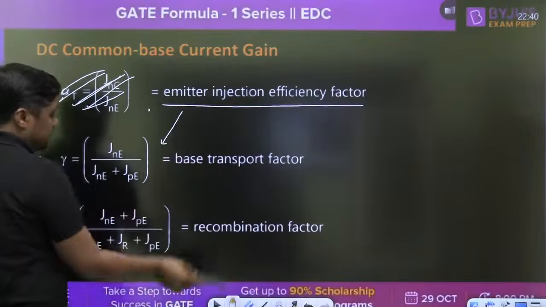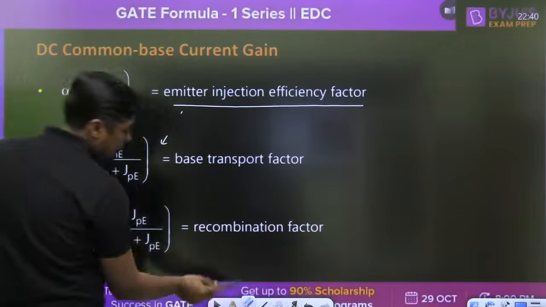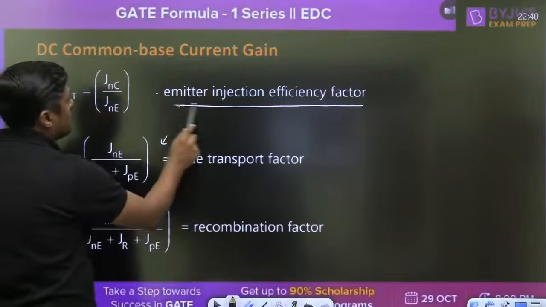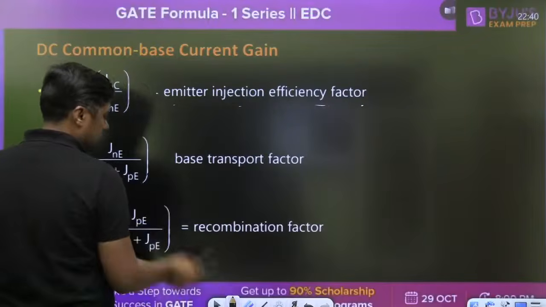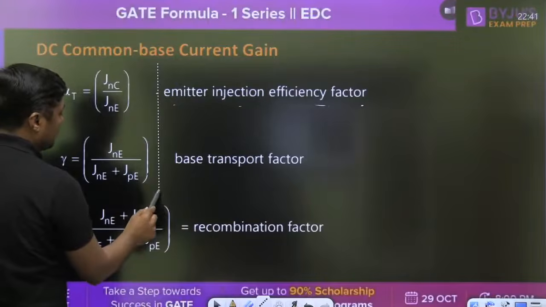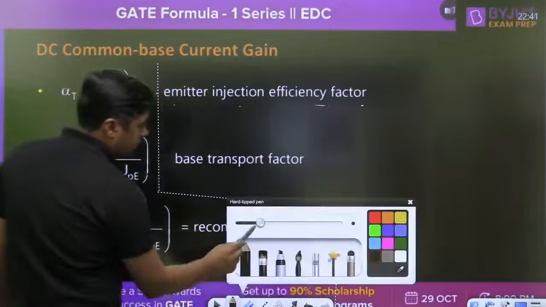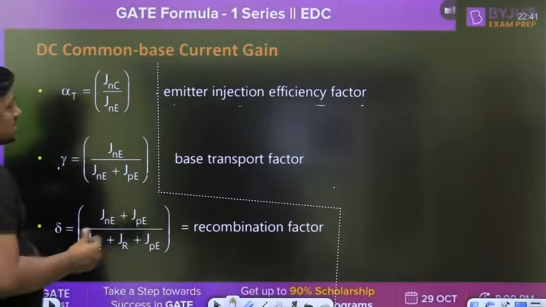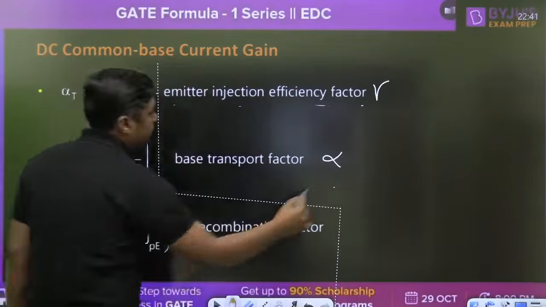No doubt, a misprint. Okay. The emitter injection efficiency factor is gamma, and the base transport factor is alpha T.